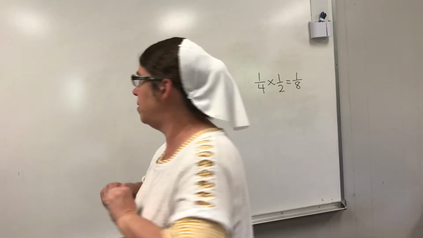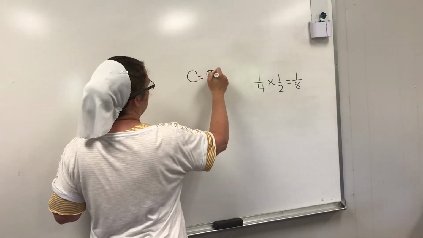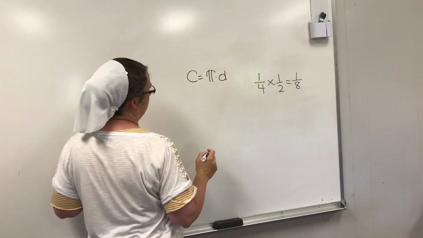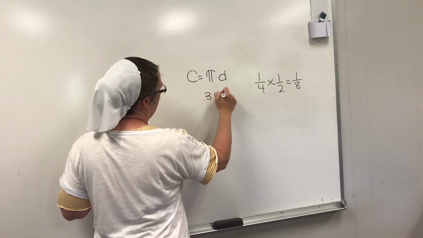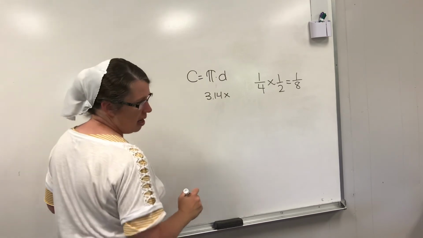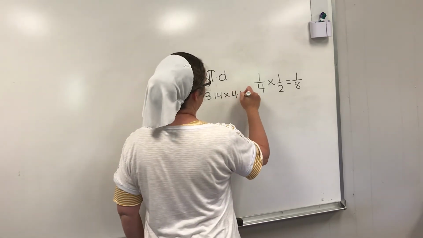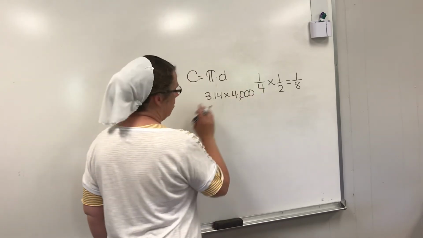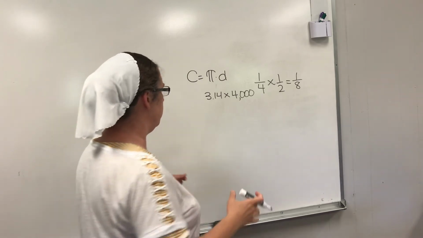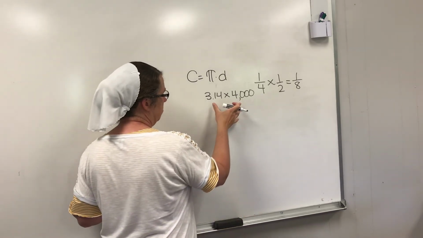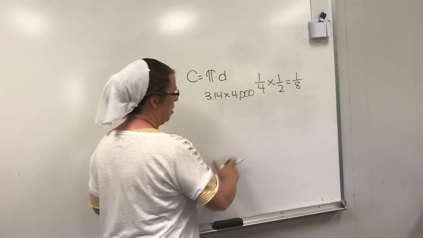Remember, the formula for circumference is pi times diameter. They tell you to use 3.14 for pi, and the diameter is 4,000. After you do this figuring, then it gives you the circumference of the Earth. You're supposed to find the difference. So once you do this, take the Earth and the circumference of this one and find the difference.